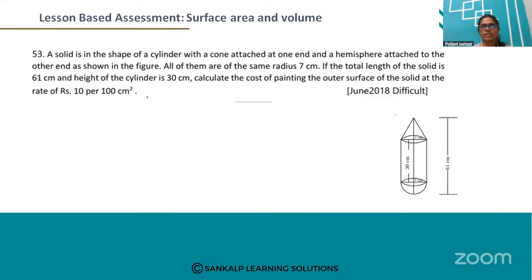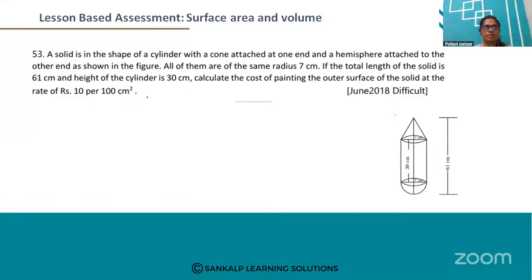If the total length of the solid is 61 centimeter and height of the cylinder is 30 centimeter, calculate the cost of painting the outer surface of the solid at the rate of rupees 10 per 100 centimeter square. So here we have to calculate the cost of painting this composite solid.